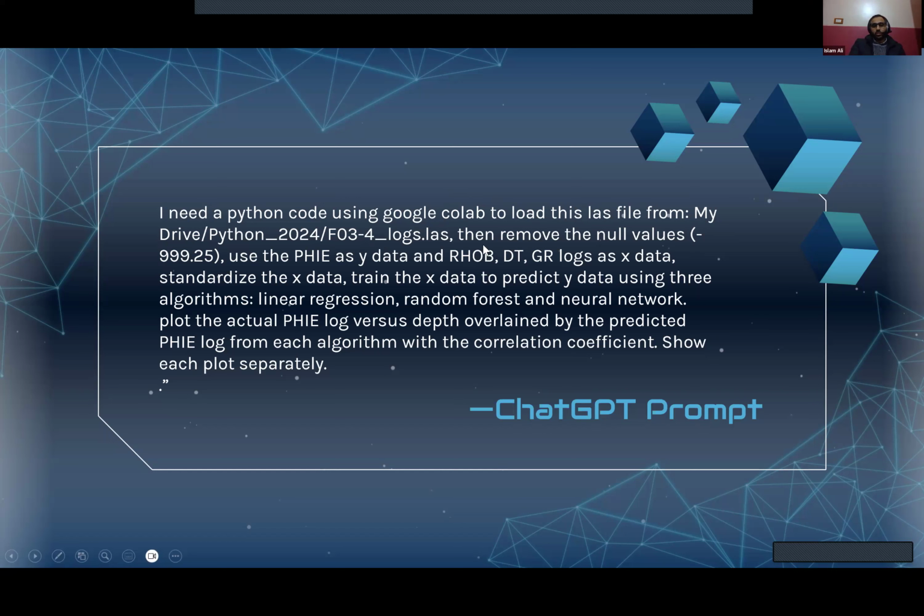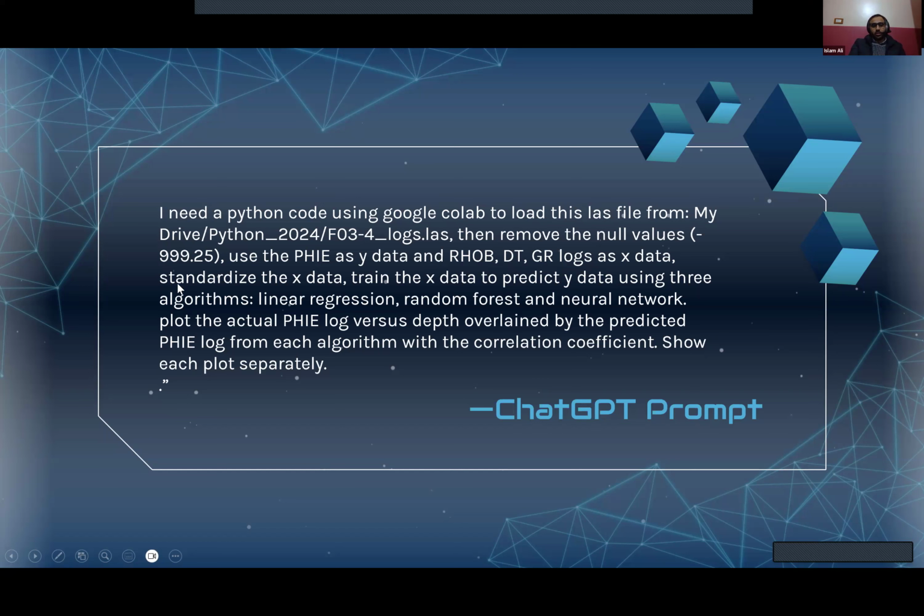And then I want to remove the null values, which is minus 999.25. And I want to use PHIE, the effective porosity, as y. This is my target. And use the RHOB, delta T and gamma ray logs as x data. So these will be the inputs, and my target is to predict the porosity.